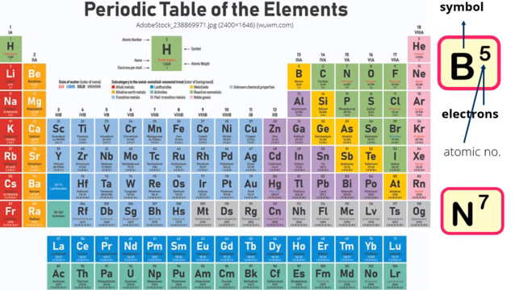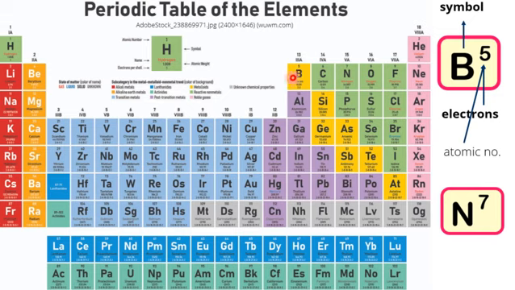On the other hand, the period is the row. So period 1 means row 1, then row 2, row 3, row 4. So the row is equivalent to period 1, period 2, period 3, period 4. Hydrogen and helium belong to period 1 because, as you can see, they are in row 1.